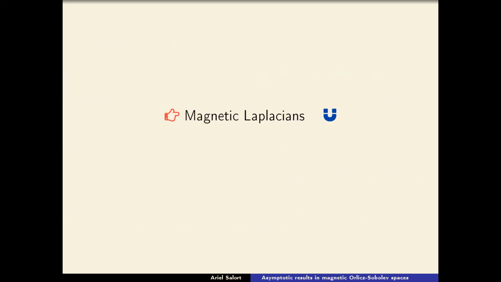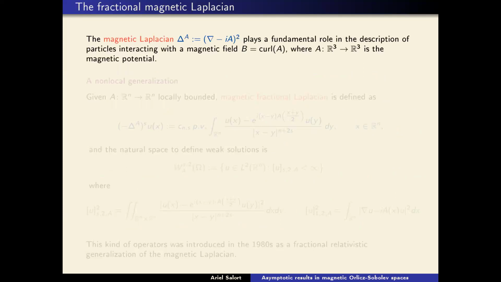Now I want to mention some generalization of these fractional Sobolev spaces, what is called the magnetic version of the spaces. It's a magnetic Laplacian, which is defined in this way. This operator appears naturally when you want to describe the behavior of some particle which is under the influence of a magnetic field, which is given in terms of this matrix A. This is well known from the 50s, probably, or the 60s.